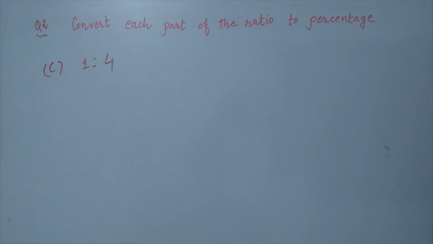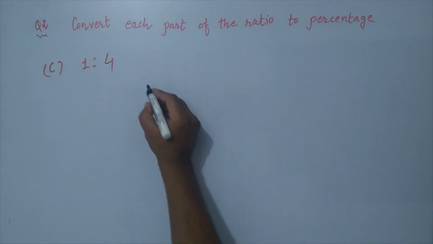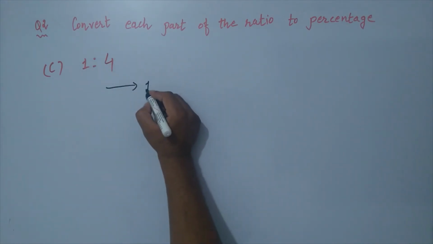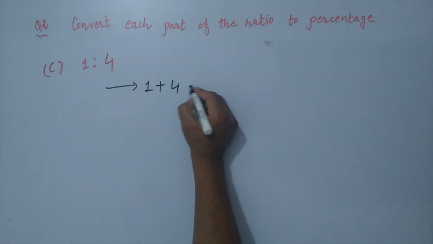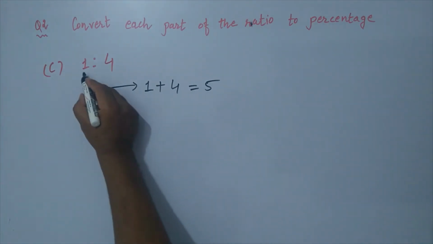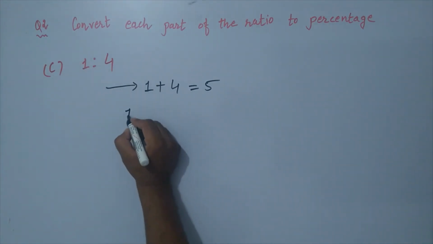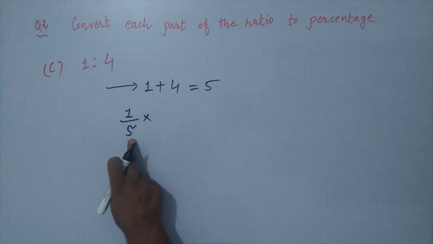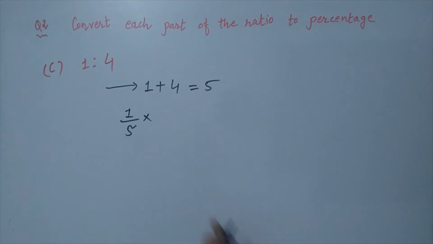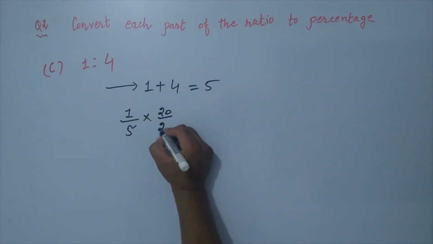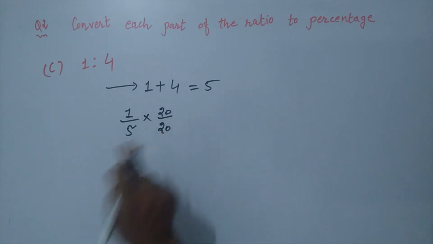In C part we have 1:4. So first task is we add 1 and 4. 1 plus 4 becomes 5. So now what we do? 1 upon 5. In order to make denominator 100, 5 into 20 gives us 100. So we multiply with 20.